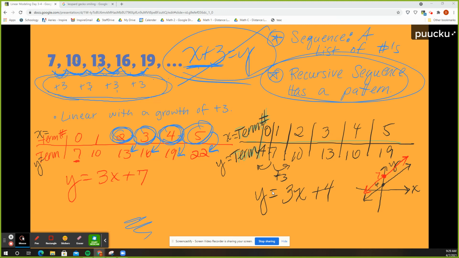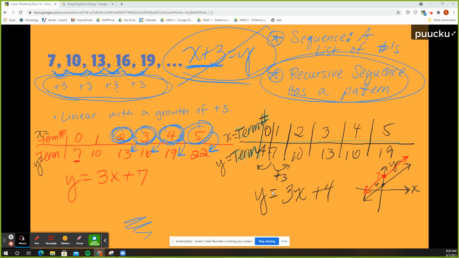So what Abby is saying is that the equations don't fit both tables. It's either or. You think about it the way Alex and Maddie thought about it, and you get the red table and the red equation, or you think of it as term 1 is 7, term 2 is 10, and you get the black table and the black equation.